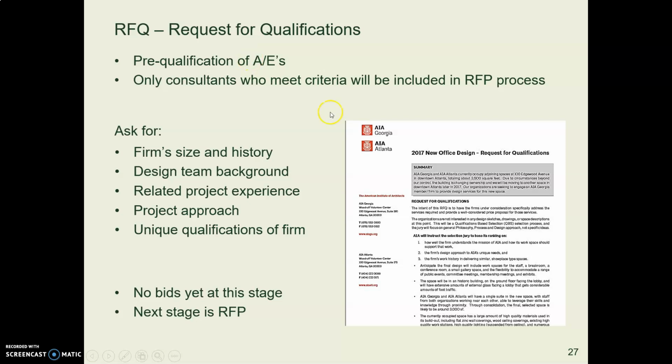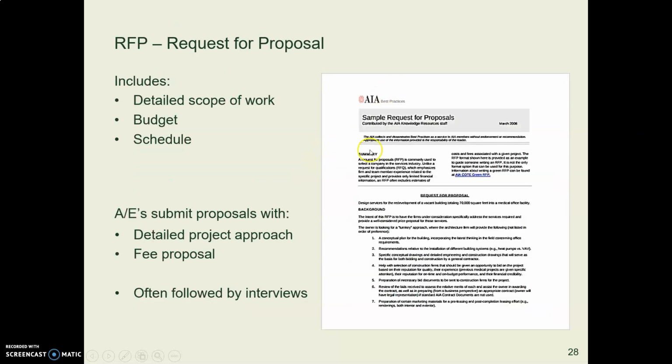So you sort them through by first doing this formal process, asking for people to tell you why they are qualified. Then you, and by you I mean your firm, your architect or whoever is in charge, send out an RFP, a request for proposal, to the people who were qualified. And oftentimes in a major project, after the RFP goes out and people submit proposals, there'll be a whole interview process.